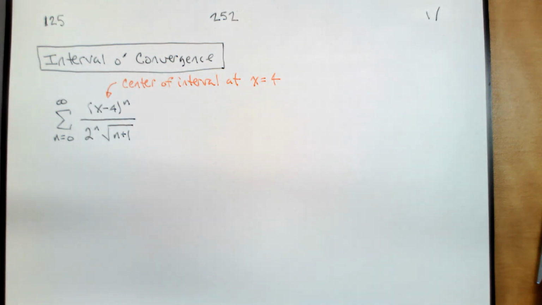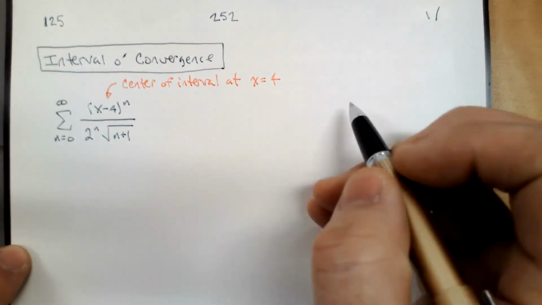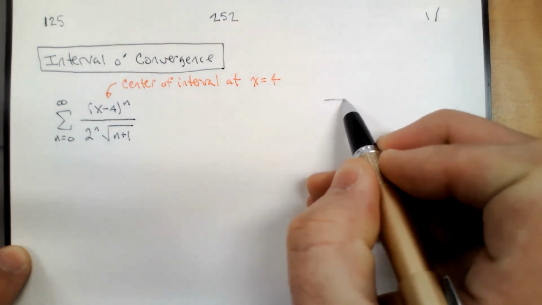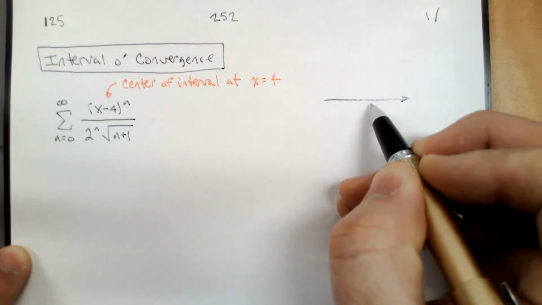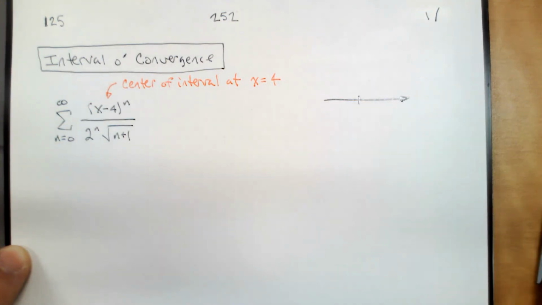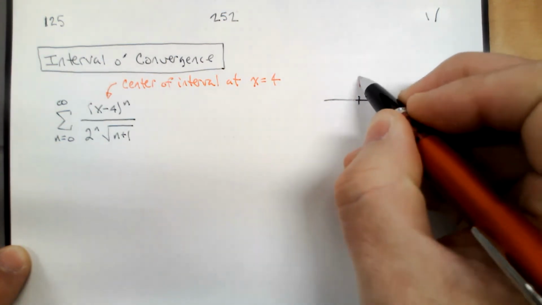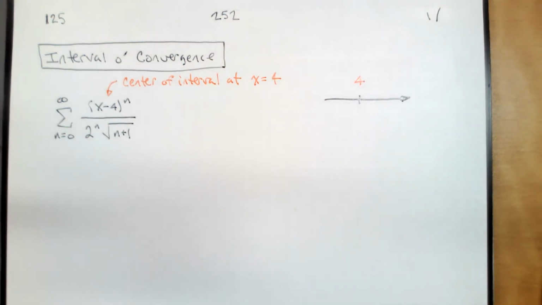If x equals 4, the power series converges because all the terms are 0. We always get convergence at the center of the interval. And that's the first thing we need to identify. Power series always converges at the center.